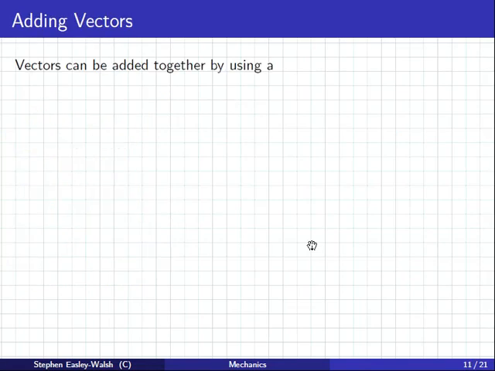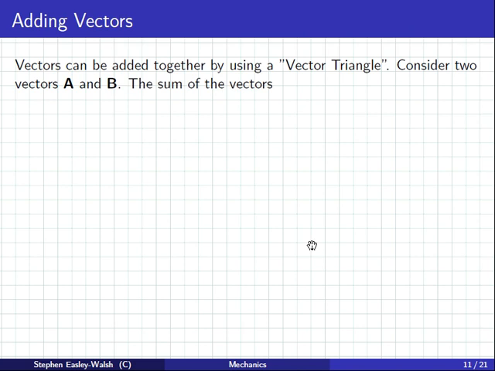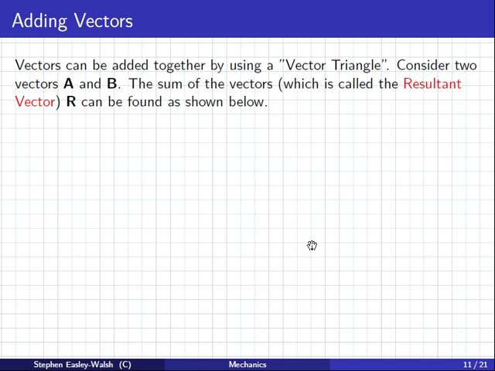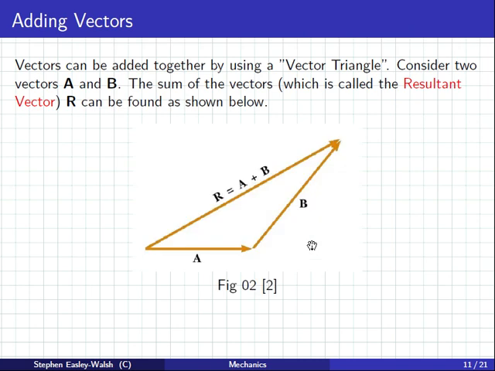Vectors can be added together by using what's called a vector triangle. Consider 2 vectors, A and B. The sum of the vectors, which is called the resultant vector, is R. You can find out using this picture here.